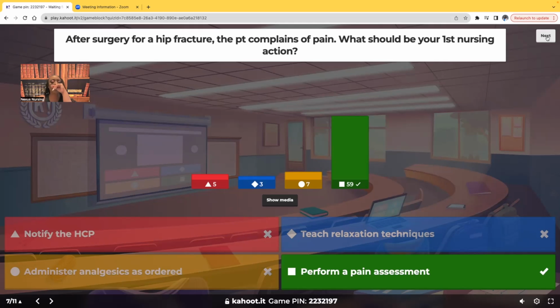Now, there's something else I wanted to say to you. Oh, here's the second thing I want to say. Remember, guys, after patients had surgery, doesn't matter what type of surgery the patient had, if they had an invasive procedure, your top three concerns, the three things you're going to be watching out for, are going to be infection.